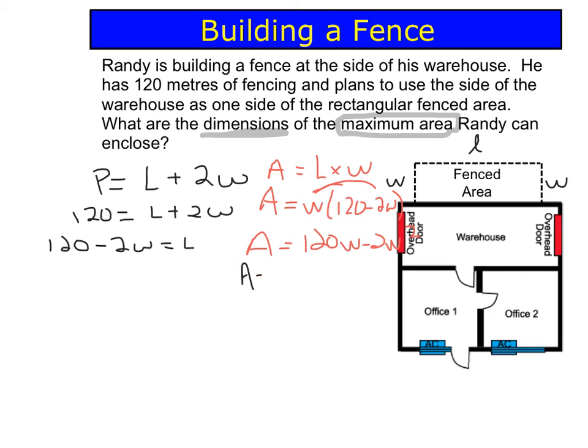So area equals negative 2W squared plus 120W. When we went back to the question, it says the maximum area. To us, that means, oh yes, the vertex. So we need to complete the square.